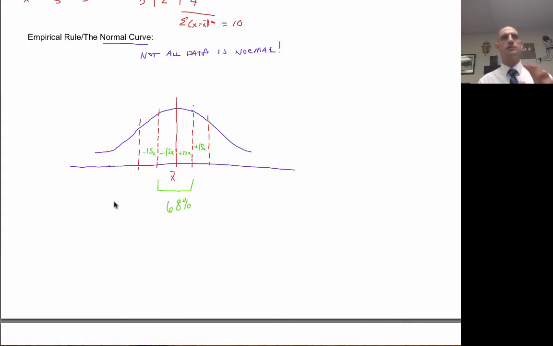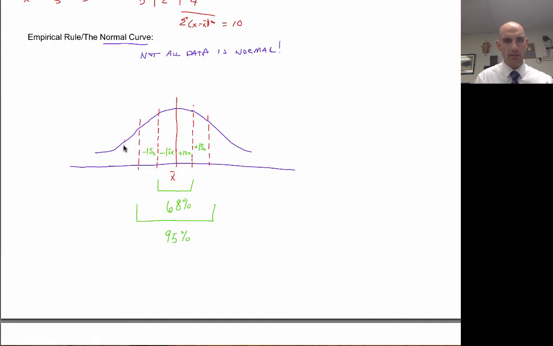So now within 2 standard deviations, so when I say within 2, I'm saying 2 on either side, 95% of all data fall within 2 standard deviations of the mean in a normal curve. Important, in a normal curve.